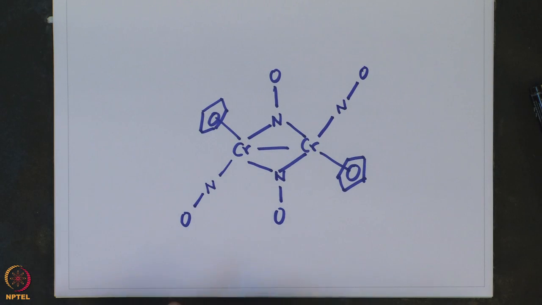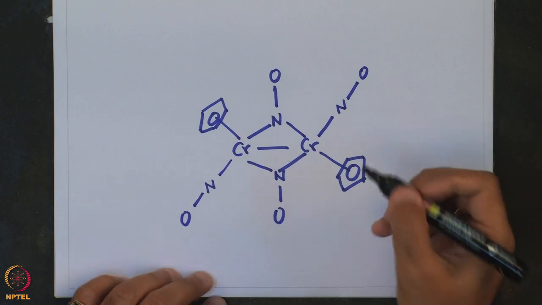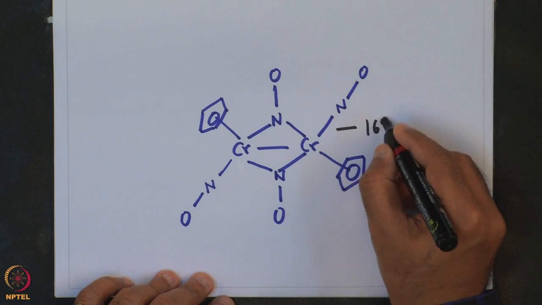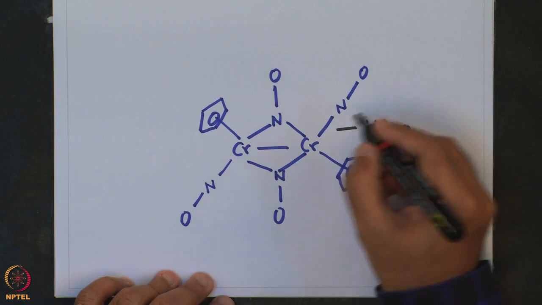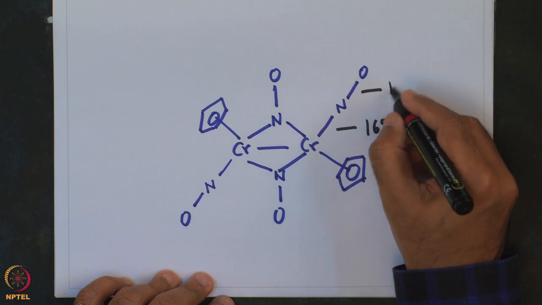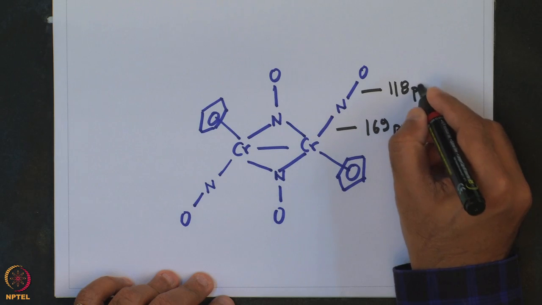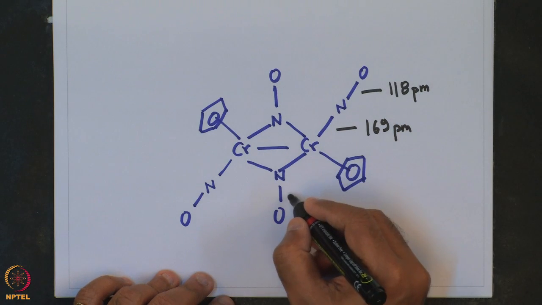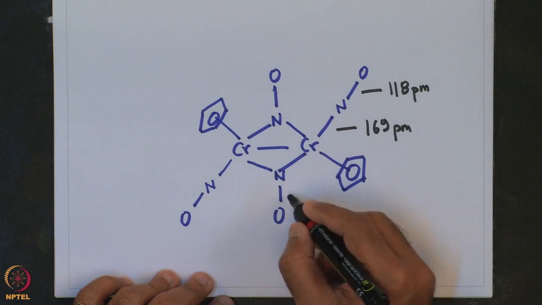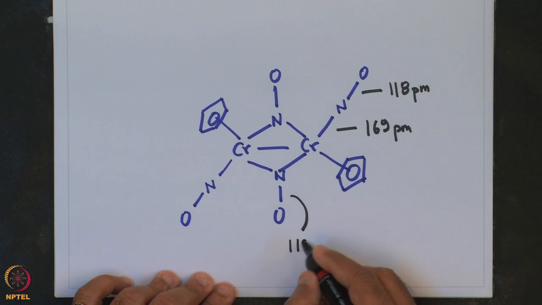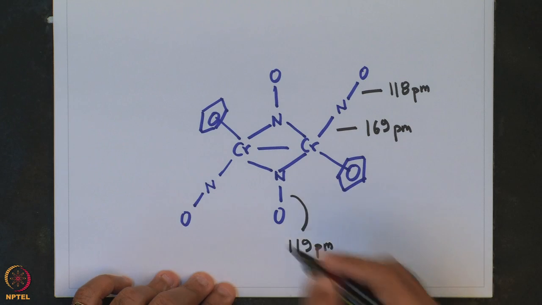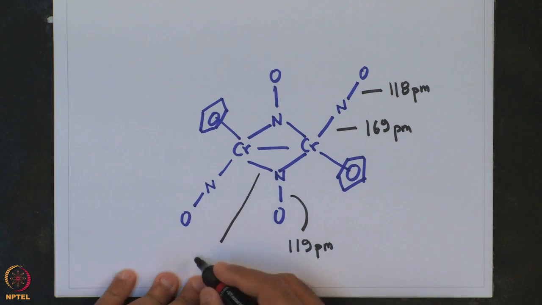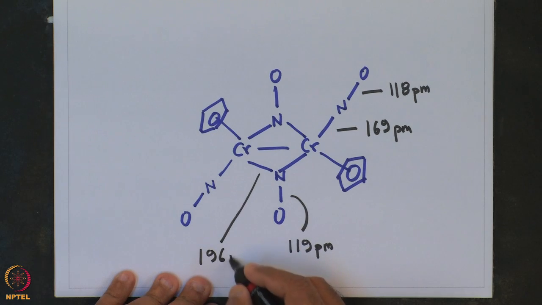so here the markers are the chromium nitrogen bond is about 169 picometer, the nitrogen oxygen bond 118 picometer, and this bridging nitrogen oxygen bond is 119 picometer, and this bridging chromium nitrogen bond is 196 picometer.